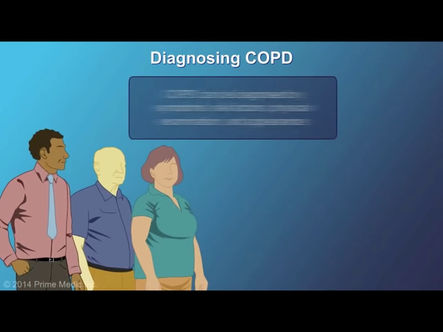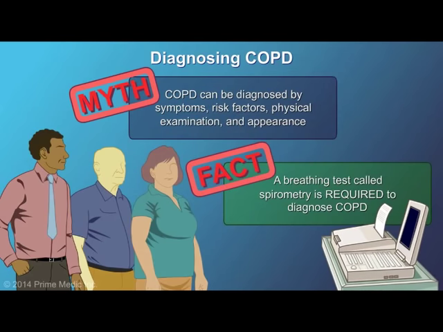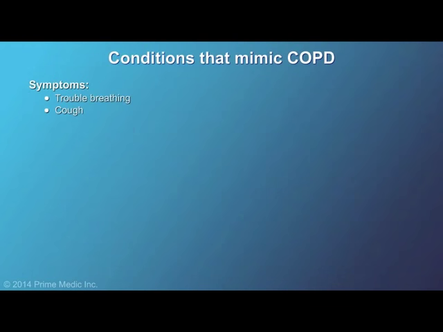Many people, even many healthcare professionals, believe that you can tell who has COPD based on their symptoms, risk factors, physical examination, and appearance. But this is a myth. The reality is that a breathing test, or lung function test called spirometry, is required to diagnose anyone with COPD. There are many other conditions that can be confused with COPD.